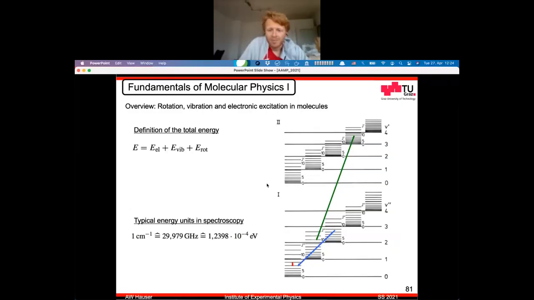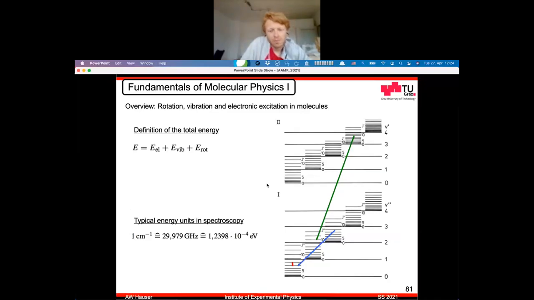And each of these bands has fine lines which then refer to changes in the rotational quantum number, right? So this is how we can think of the actual discrete spectrum generated by a given molecule with a certain electronic structure, but also with certain possibilities of how this molecule can vibrate, and with respect to its moment of inertia around these three axes in space that define the actual energy distances between different states of rotation.